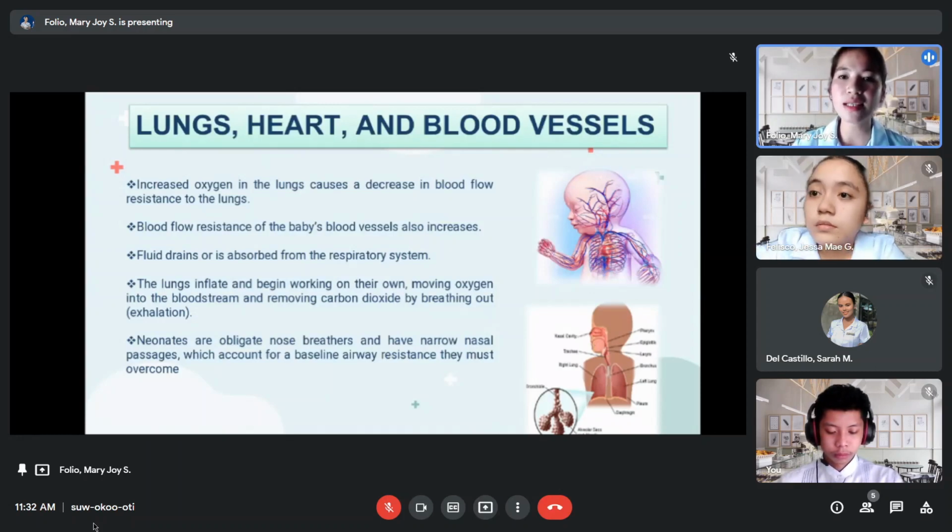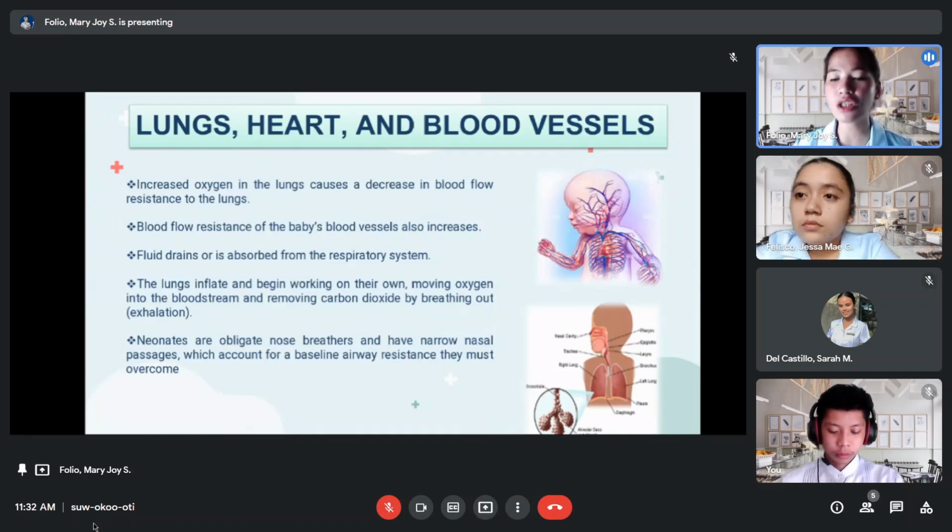Blood flow resistance of the baby's blood vessels also increases. Fluid drains or is absorbed from the respiratory system, and the lungs inflate and begin working on their own, moving oxygen into the bloodstream and removing carbon dioxide by breathing out, or what we call exhalation.